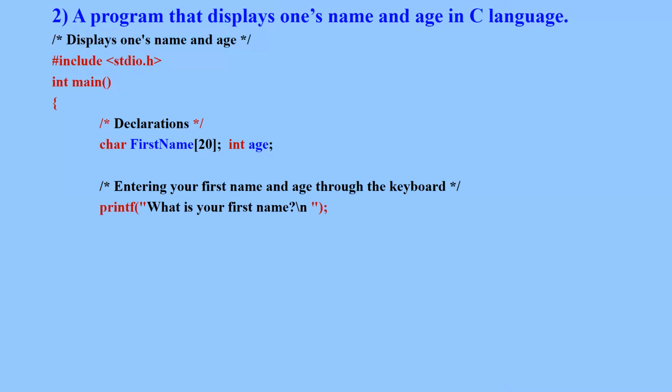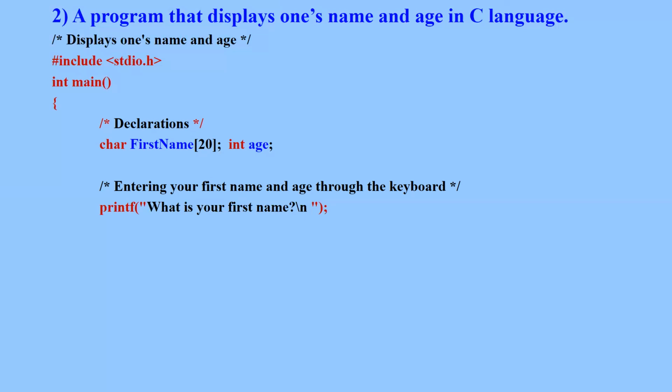So printf, what is your first name? This statement requests the processor to display on the screen. The printf function, I explained its purpose. Its purpose is purely to write out content either on the screen or in a file.